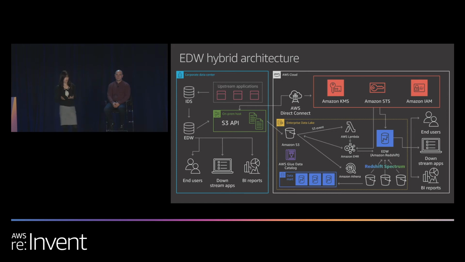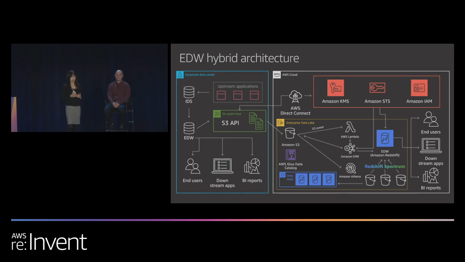And we have AWS Direct Connect that allows us to connect our data between our data centers and AWS. Now, going to the cloud, security is the number one priority for us. For that, we use KMS keys, tokenized services, and IAM roles to help us connect to the cloud securely.